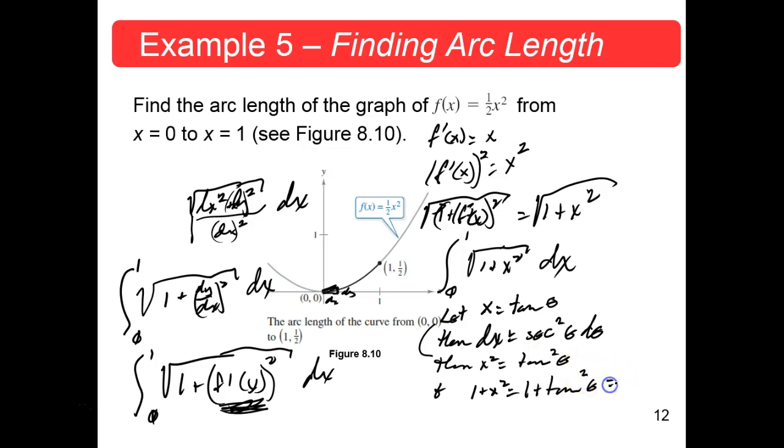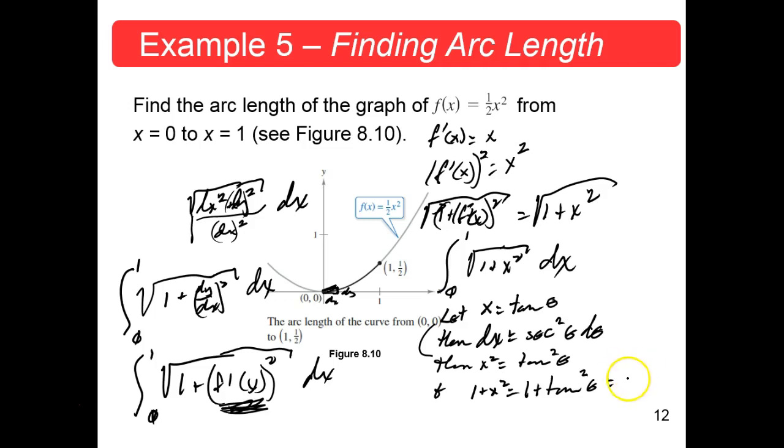And what's 1 plus tangent squared theta? Go back to that same page, 541. You have to rearrange it just ever so slightly. The little gray box you're looking at. Add 1 to both sides of that last one. That's secant squared theta.